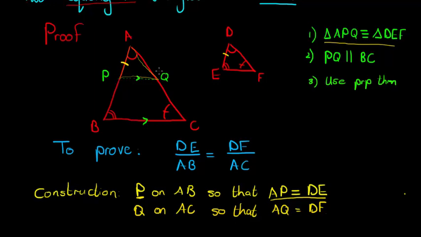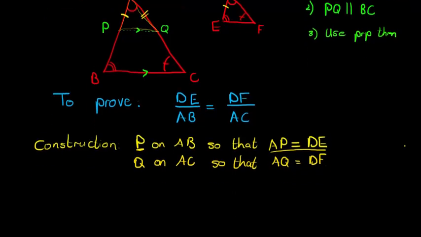And in the same sense, I'm saying let Q be somewhere on AC so that DF and AQ are the same distance. So I just made this the same distance as that, and this the same distance as that, and now I'm going to prove that this constructed triangle that I drew is congruent to that one. Make sense?